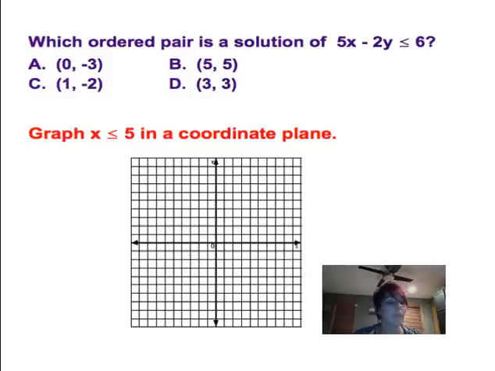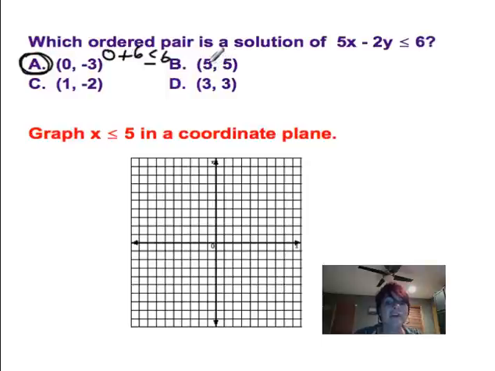So for letter A, I would have 0 plus 6 is less than or equal to 6. Is that true? Is 6 less than or equal to 6? That actually is the correct answer because of the equal sign. So A would be the correct answer.